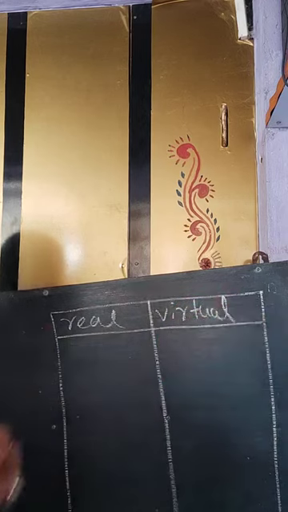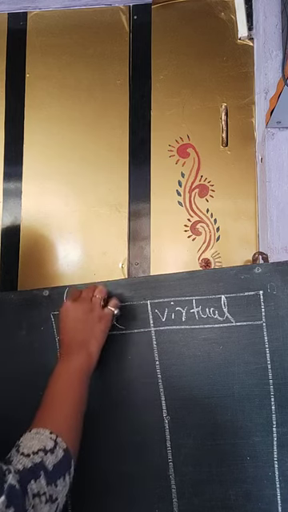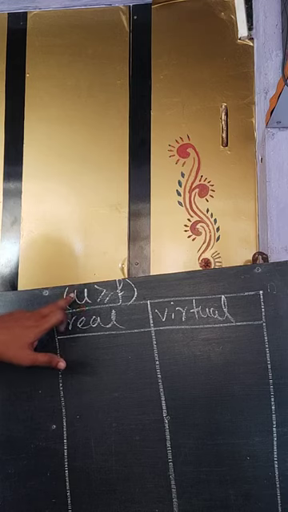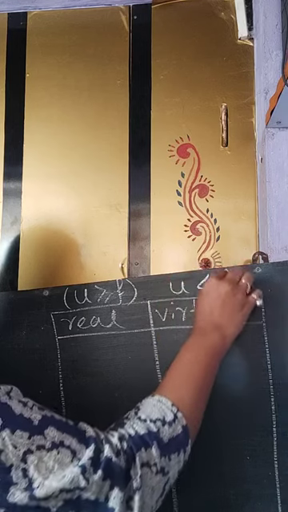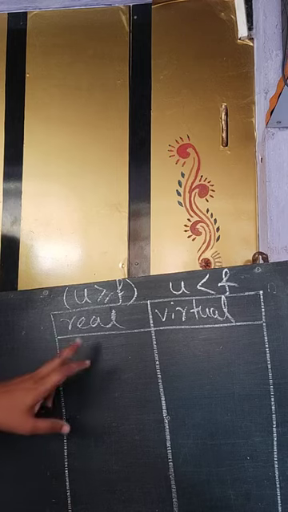For the real image, the condition is u greater than or equal to f, that is, object distance greater than or equal to the focal distance. For the virtual image, object distance will be less than the focus.